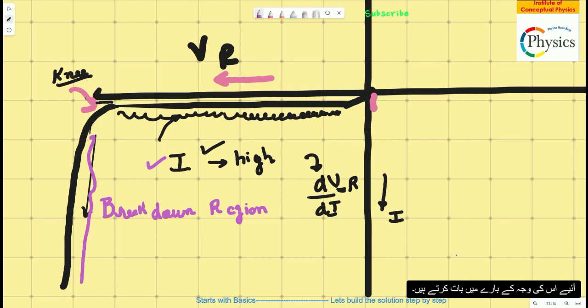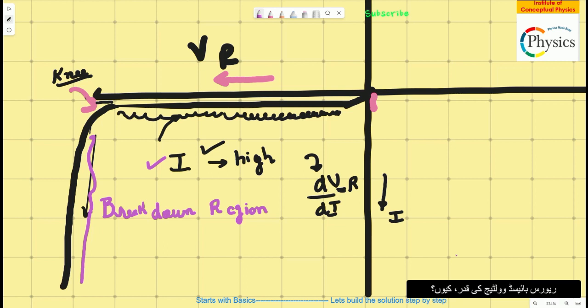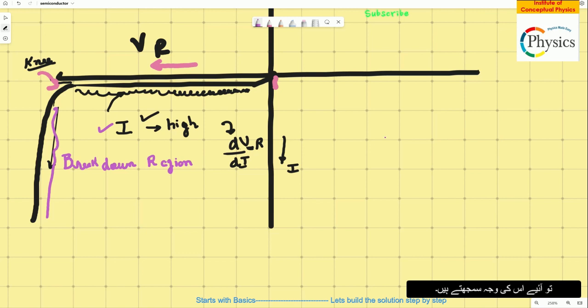Let's talk about the reasoning of why the current, which was at the saturation point with a very low amount of current flowing, suddenly increased to this level when you increase the value of the reverse biased voltage. So let's talk about the reasoning now. All right, so let's understand the reason for the breakdown or the sudden rush of current.